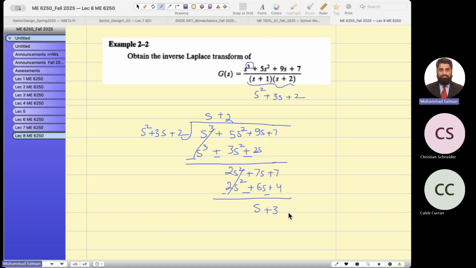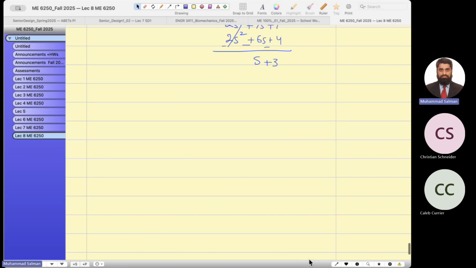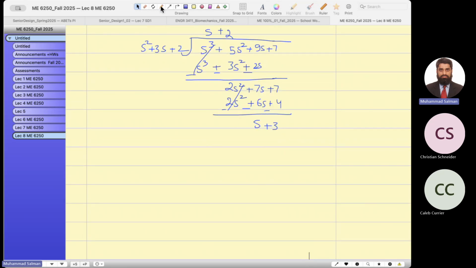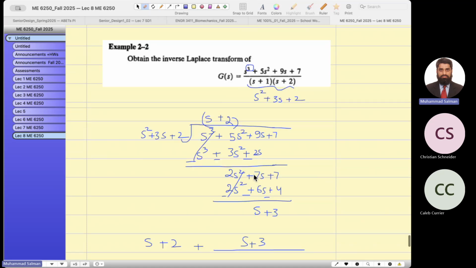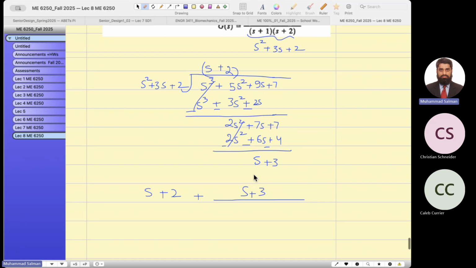So I can write this down, the answer, the quotient plus remainder. This is my quotient: s plus 2 plus s plus 3 divided by s square plus 3s plus 2, which I would write in terms of two factors, s plus 1 and s plus 2, because I have to write it in terms of partial fractions.